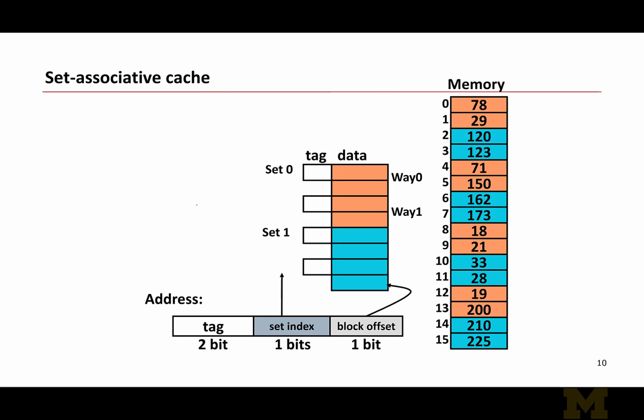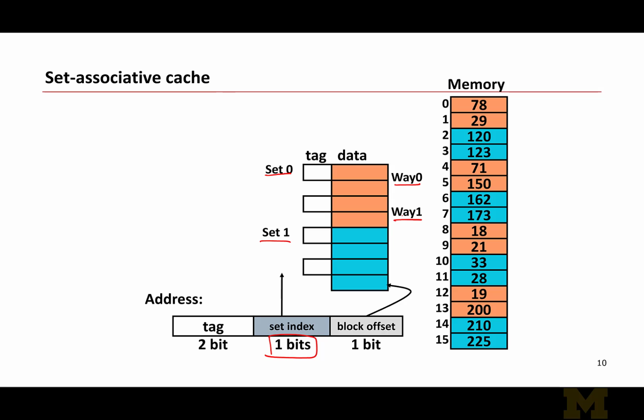So here's another way to visualize the same cache organization. This is still a two-way set associative cache with two sets, and because it has only two sets, I have only one bit that I need for figuring out which set I should be accessing. And within that set, I have two cache blocks that belong to two different ways.